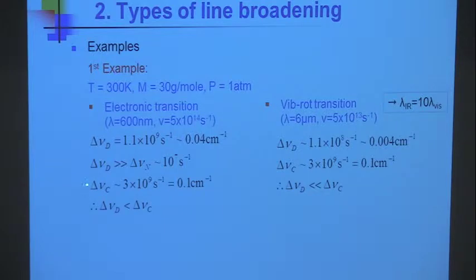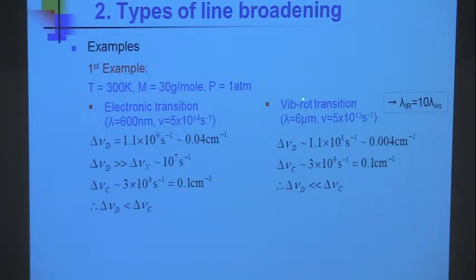The collision width, by contrast, would be about 0.1. So here's a case, 1 atmosphere, representative collision diameters. The collision width is greater than the Doppler by 2.5, but they're similar enough that I've got to worry about both of them. So at this temperature and condition, the Doppler width is smaller by about 40%.